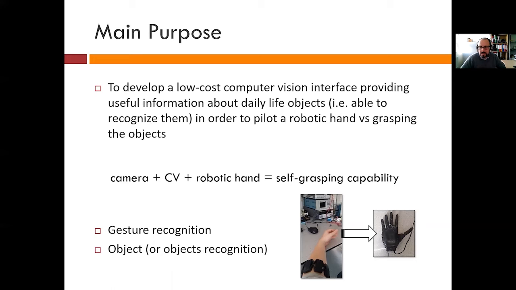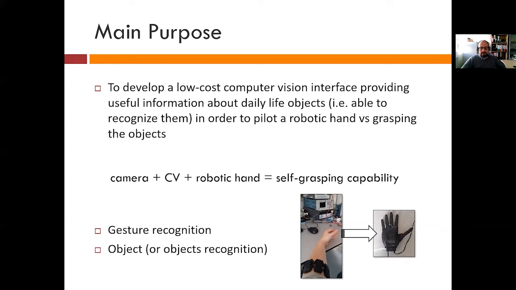But not only that, because as I said, we look at object recognition but also at gesture recognition. So we can also think about having robots that mimic what I'm doing, recognize what I'm doing, and use this information for something else. For example, to vocalize a message that I'm giving with sign language, or just to imitate what I'm doing, or to interact, for example, at a cognitive level.